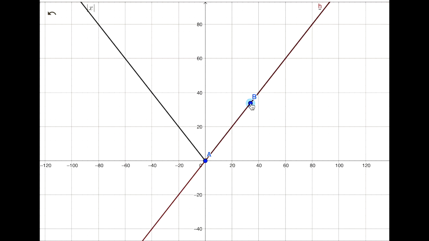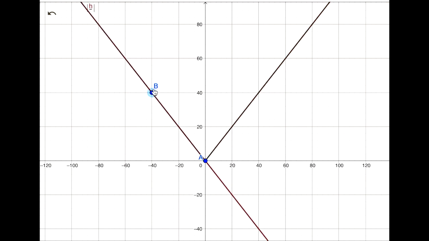And as I trace point B along the graph of the absolute value of x, and I get closer and closer to A, you can see that on the right-hand side, if B approaches A on the right-hand side, then we get a line that has a positive slope, and if you check it, you can see that the slope is 1. So coming from the right-hand side to the point 0, the limit of the slopes of the secant lines is approaching positive 1.